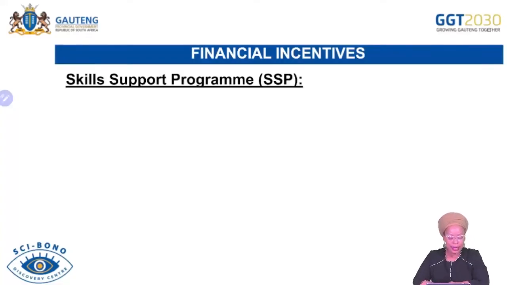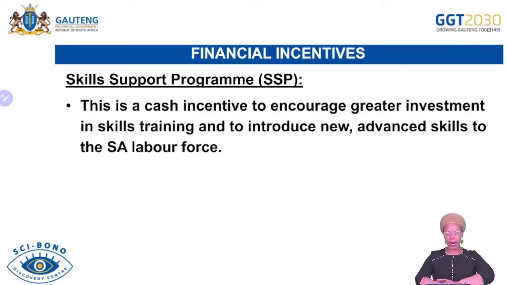We have another grant, Skills Support Program. Without even myself explaining how it works, one can see that this particular grant is for improving skills of the workers in South Africa. Let's look at how it works. It is a cash incentive to encourage greater investment in skills training. Sometimes you find that in an industry, workers have been employed, but they lack certain skills. So this grant is available to cater for that. Sometimes with technological development, the industry is no longer using a particular technology, they are using a new technology.